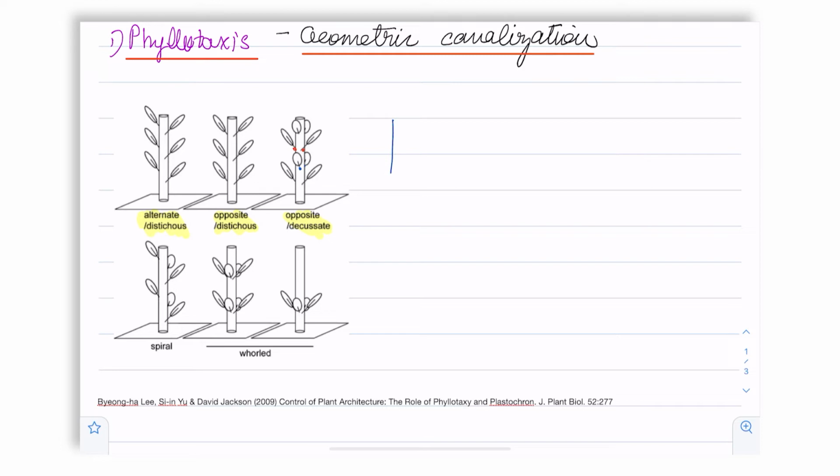So in a top view, you would see something like this.